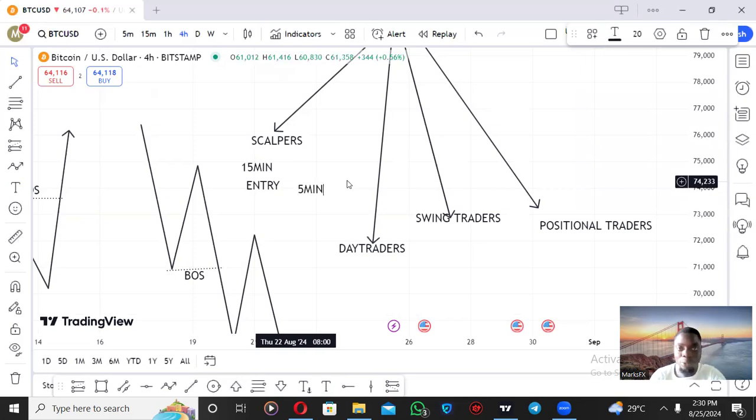So if you're a scalper and you're going to do analysis on the 5 hour time frame, that is confusion.